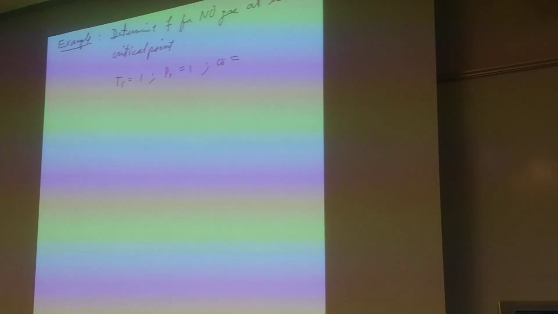That's going to make things simple because TR is equal to 1, PR is equal to 1, and if we look up at the table, we'll see that the eccentric factor is equal to 0.607 for this gas.